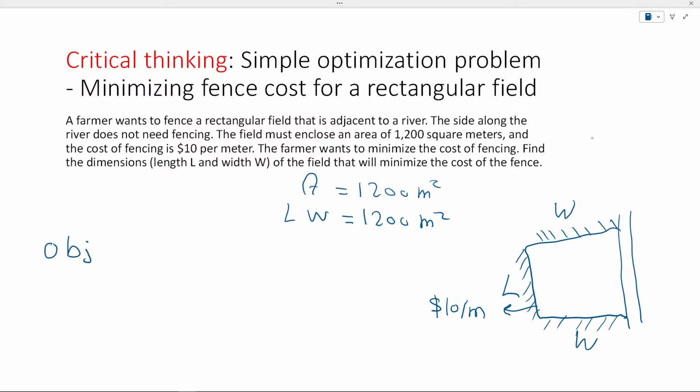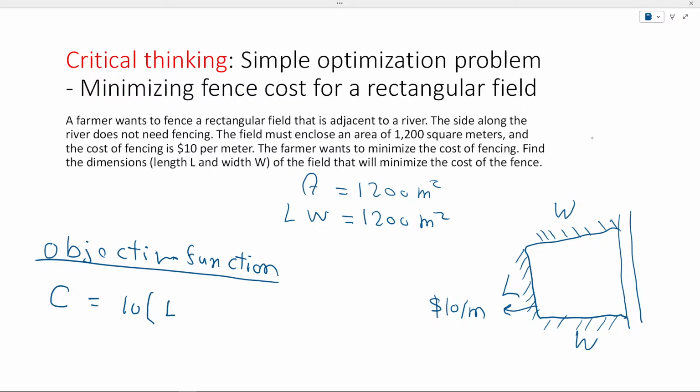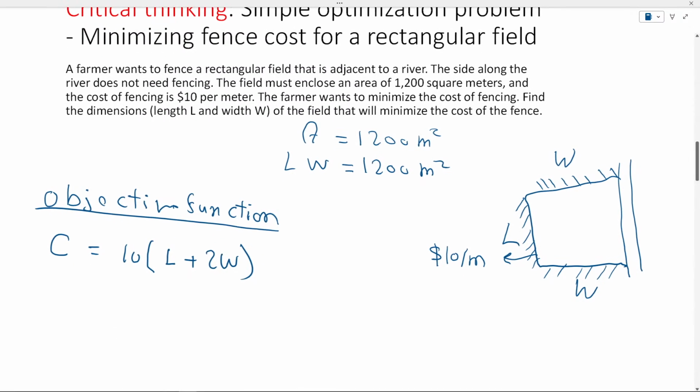They use this jargon, objective function. So what is the objective function? The objective function is my cost, which is equal to 10 times the length plus 2W. That's my objective function.